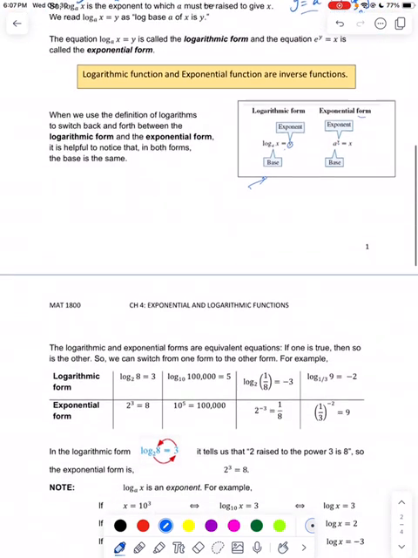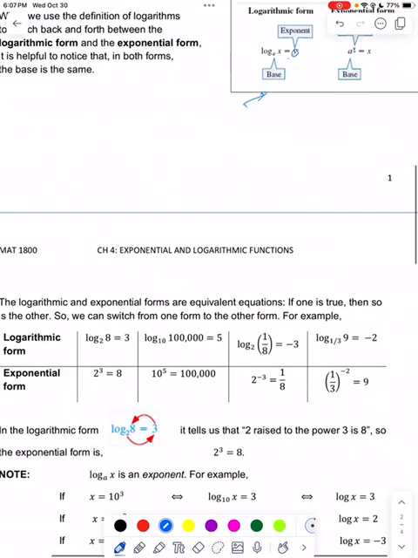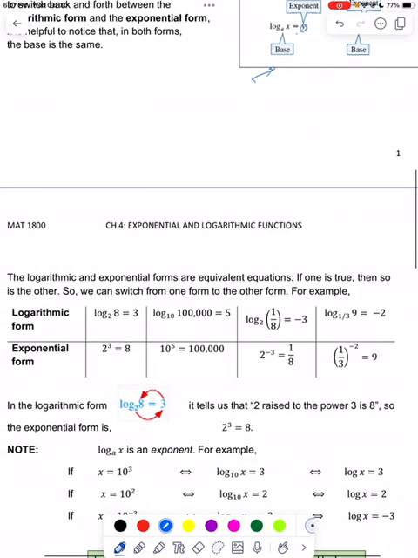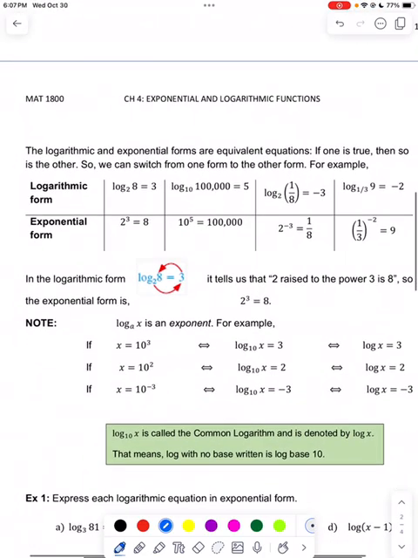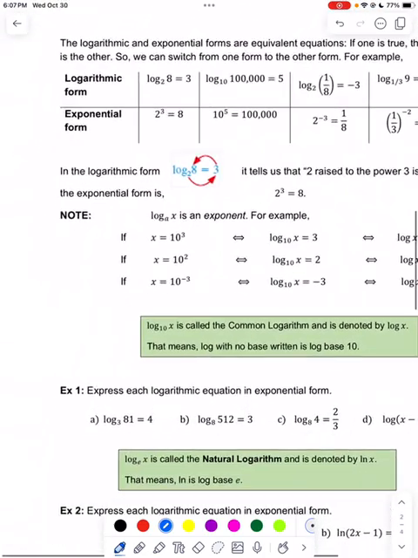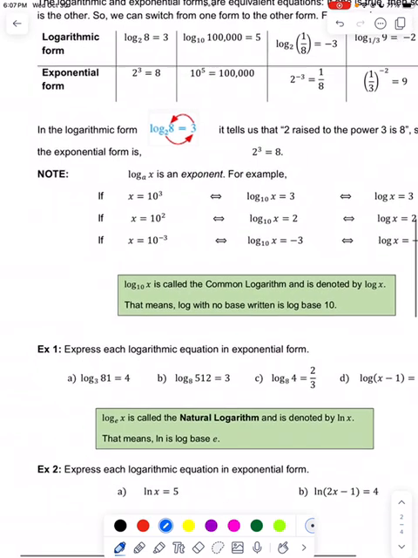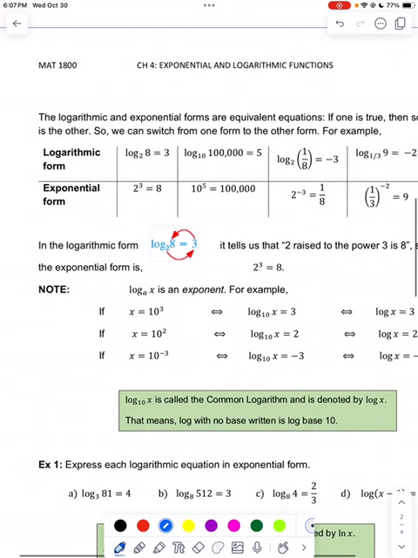So let us first practice some conversions. So this is the logarithmic form in the first line. When I convert it to the exponential form, first one, log of 8 to the base 2 is equal to 3.